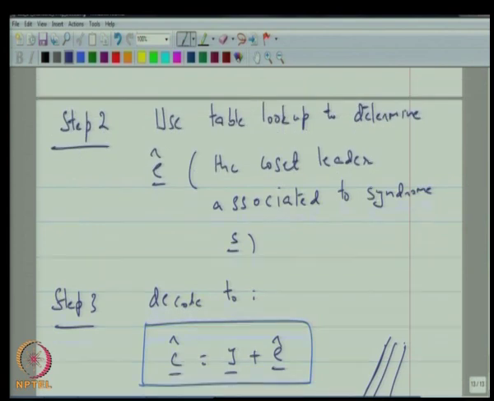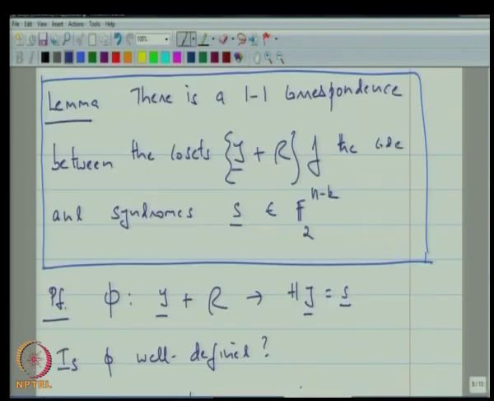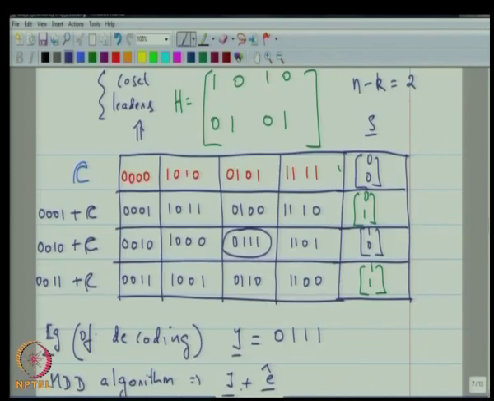So, in actuality, let us go back a couple of frames. What that means is that to actually carry out syndrome decoding, you do not need this entire standard array.